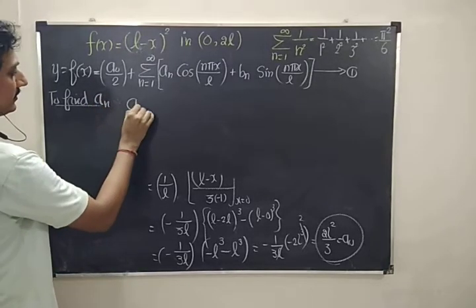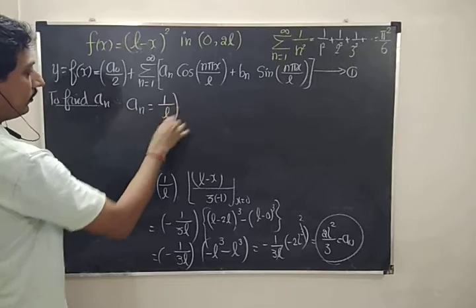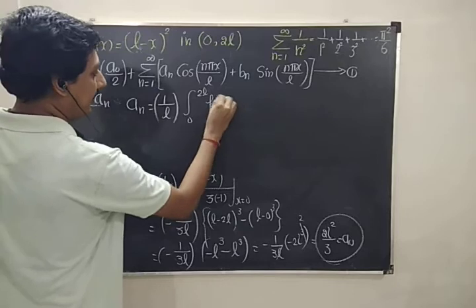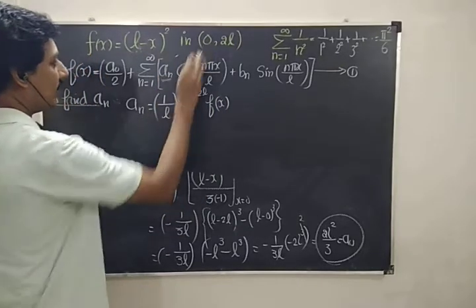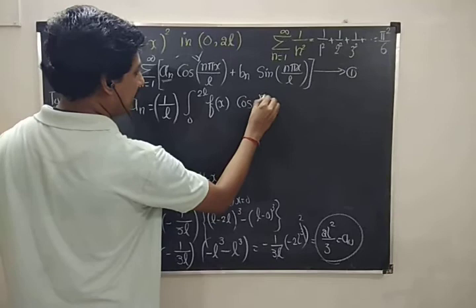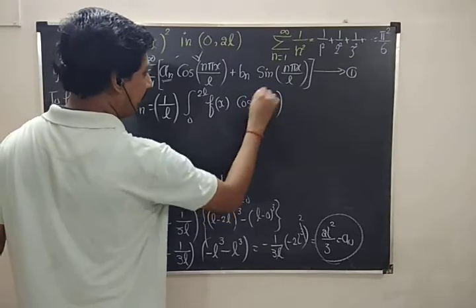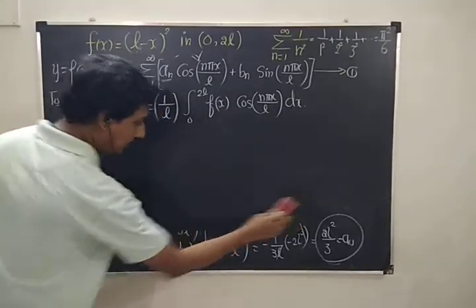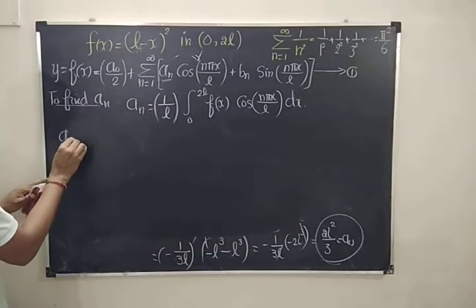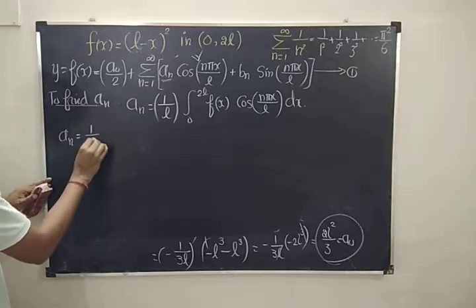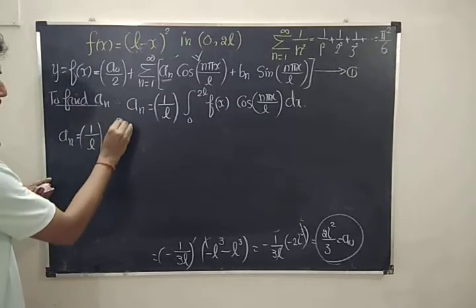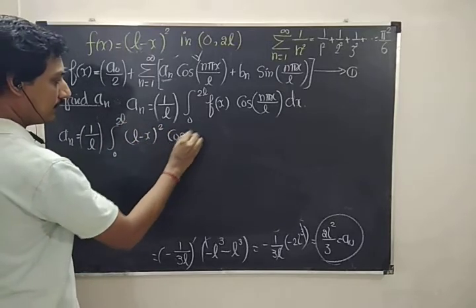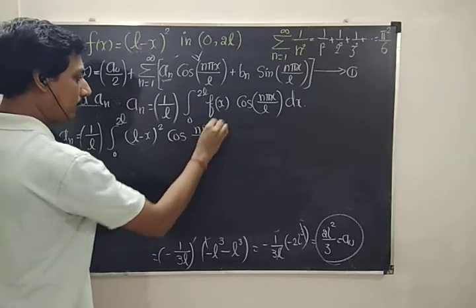In terms of L, An is 1 by L integral 0 to 2L f of x, coefficient of cos, so cos n pi x by L. Now let us substitute f of x, then integrate by using the Bernoulli formula. So 1 by L integral 0 to 2L (L minus x) whole square cos n pi x by L dx.